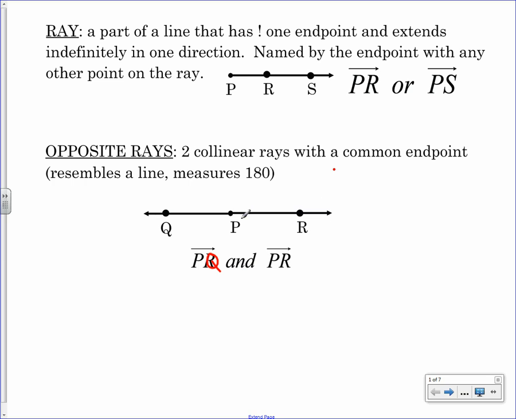So PR and PQ. Even though PQ is going to the left, you don't write it that way. You still always start with your endpoint, and we always draw the arrow to the right to indicate it's a ray. We're not indicating which direction it's going. Does that make sense? So always write it going left to right with the arrow. Does that make sense? Okay.